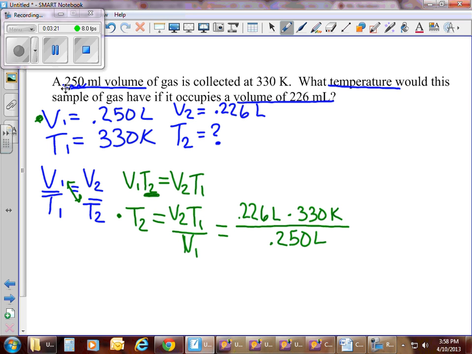All right, so I am going to get 298 Kelvin. And that should make sense because our liters is getting smaller. Temperature is directly related, so it is getting smaller. We know we've done it correctly, or we're on the right track.